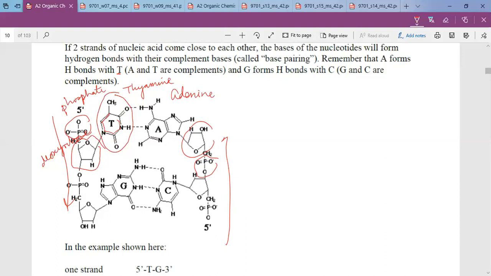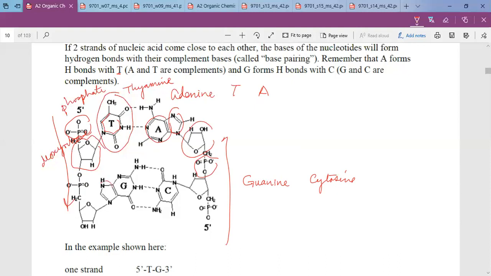So adenine is a 2 ring. 1 ring here and 2 rings here. Okay? So they always bond. T is always with A. And G, guanine, always bonds with cytosine. Okay? Right? Now here, you can see here, right?